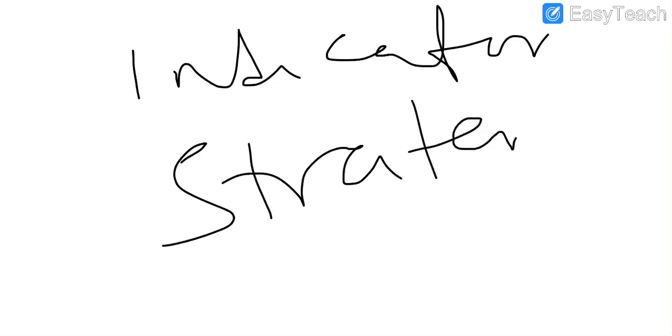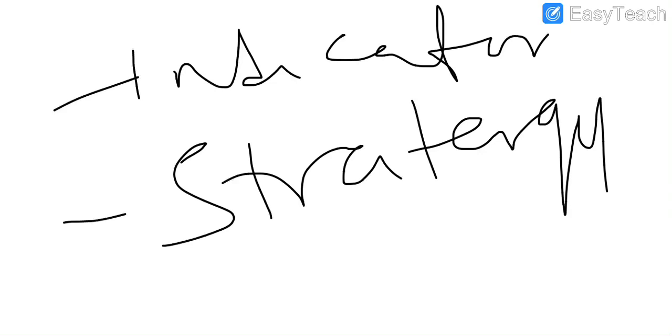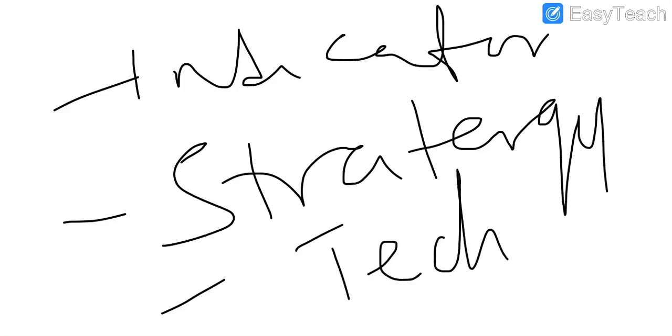Trading indicator, and then we need what we call trading strategy. Now, before you start trading, you need to have your indicator. You need to have your trading strategy. Then you need to do what we call technical analysis. We are going to be discussing this.